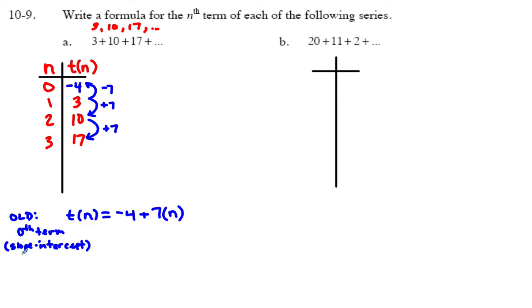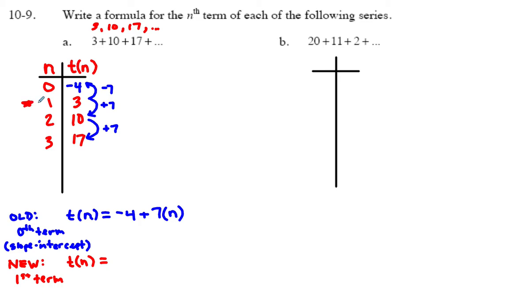What we're trying to work on now is learning this new method, which is what we call the first term form. So what we're going to do with this one is say t of n equals, now instead of going back and figuring out what the zeroth term is, we're going to use this first term.